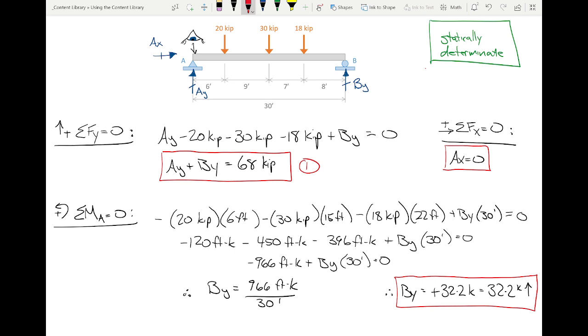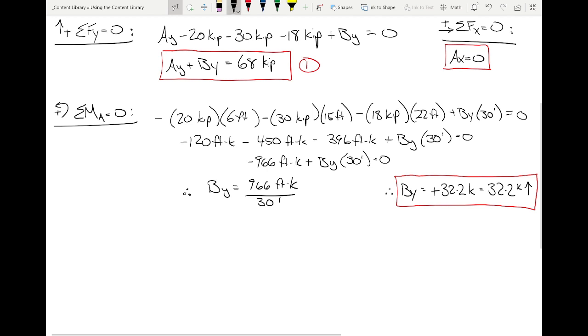What's left? What did I forget? AY. But how do I do AY? There you go. Plug it into here. So I'll scroll down a little bit. Somebody in there is probably like, Dr. Mike, will you just draw your Y's the same way?